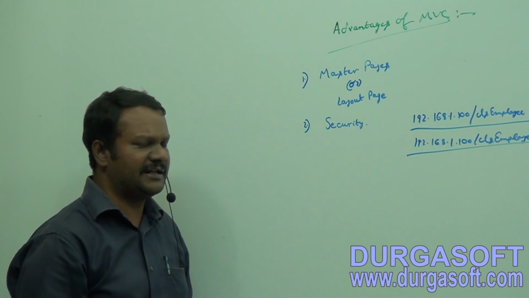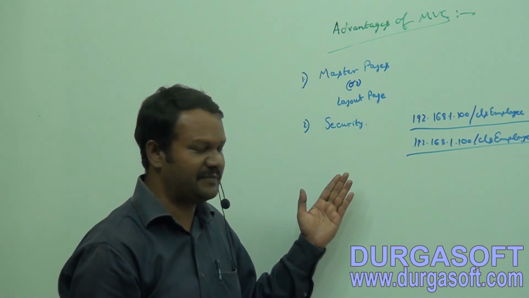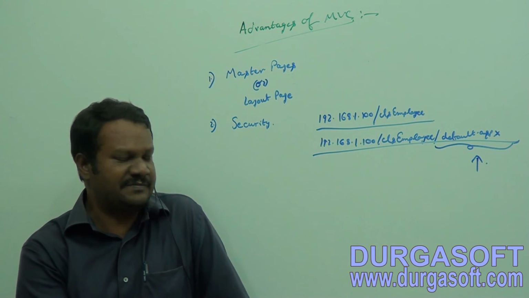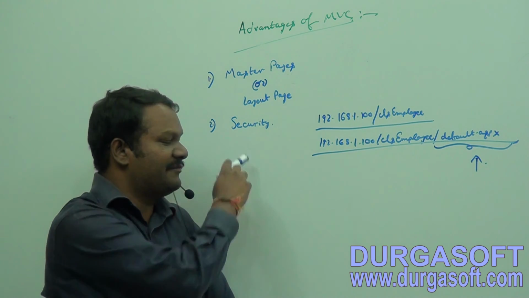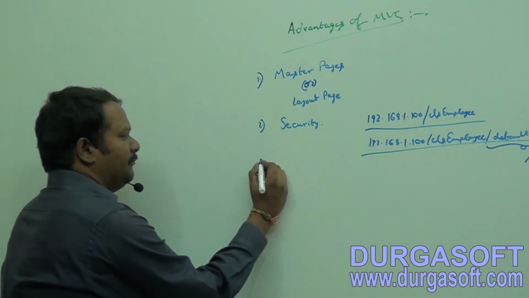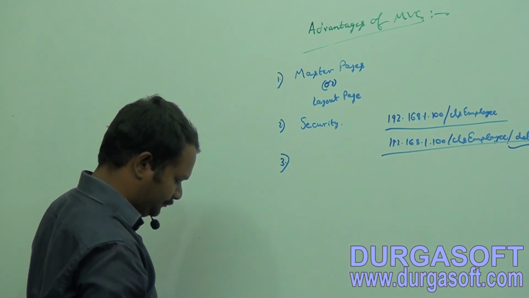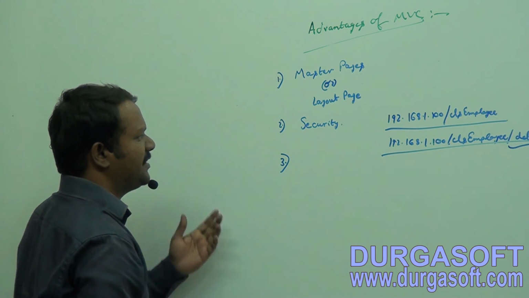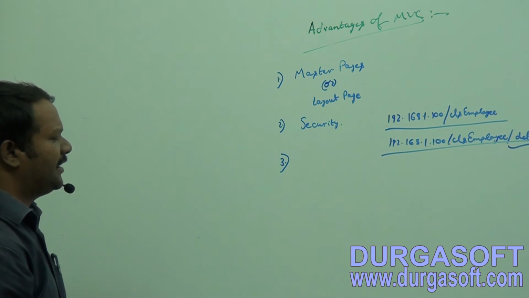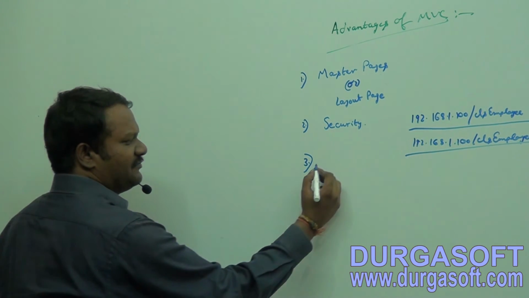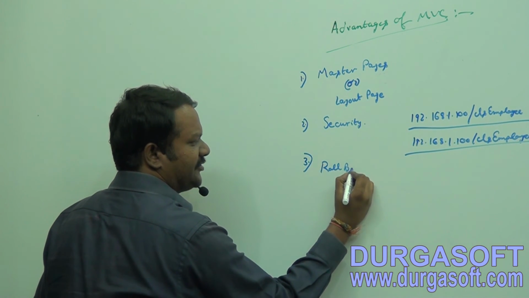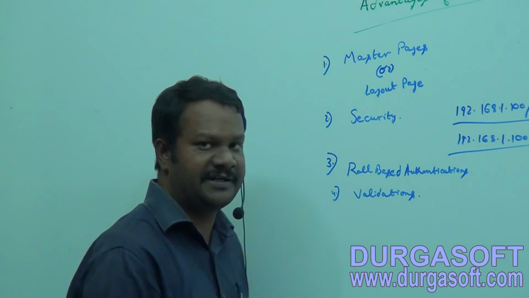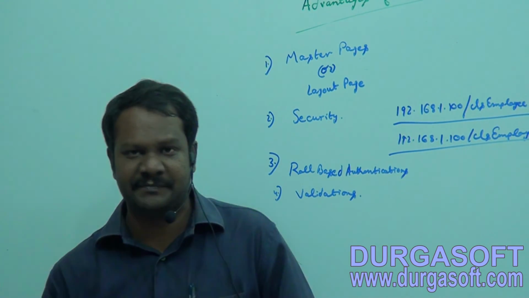And we also follow all the authentication and authorization methods that we follow in ASP.NET. All these methods we follow by using security in MVC. So this is master pages and security, and role-based authentications also we use. MVC also follows role-based authentications. What are the authentication methods in ASP.NET?